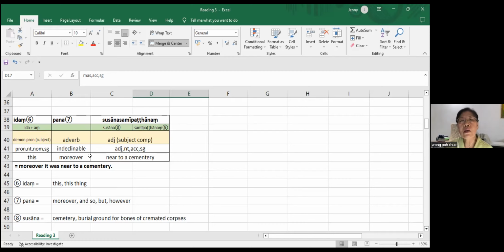And Susana Samipatanam. This is made up of Susana and Samipatanam. Let me look at my notes, easier.